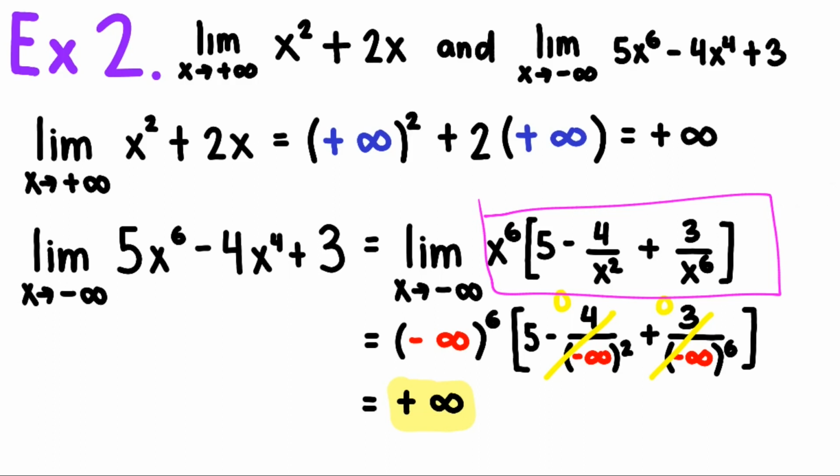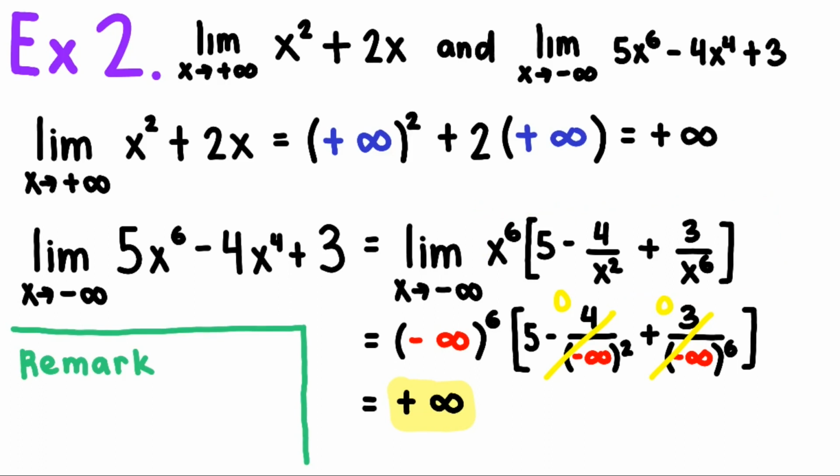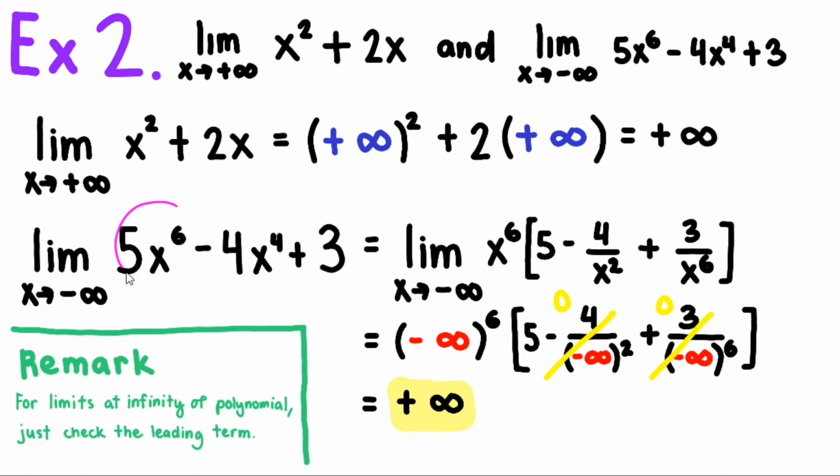And in fact, when we are dealing with limits at infinity of polynomials, here's a remark. We can just check the leading term. So in this case, we can just focus on 5x raised to 6, and observe what happens when we plug in negative infinity.